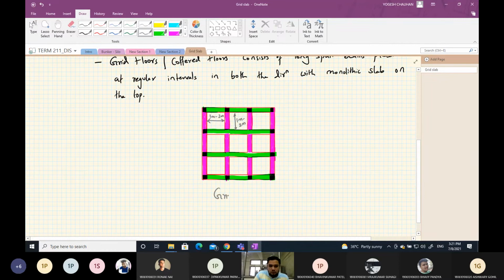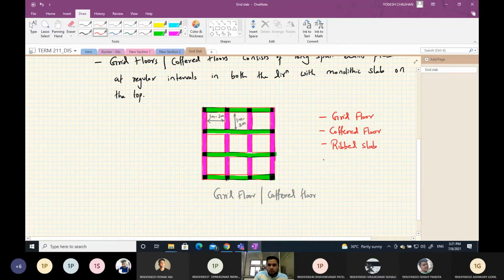This is grid floor or coffered floor. You would find different names; sometimes it is also called grid floor, coffered floor, ribbed slab, or waffle slab.